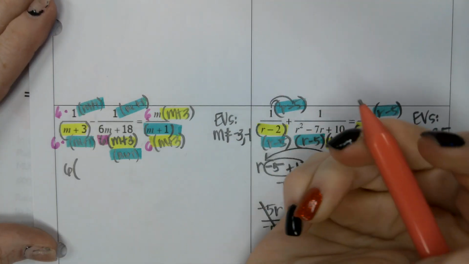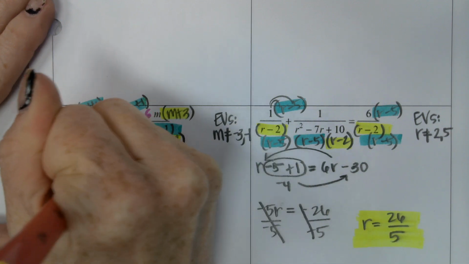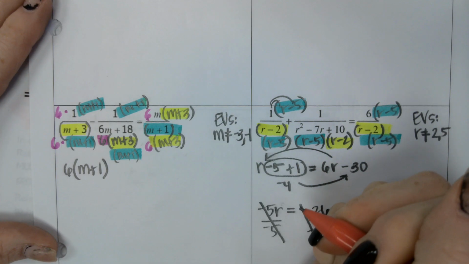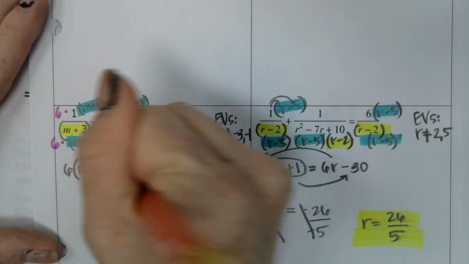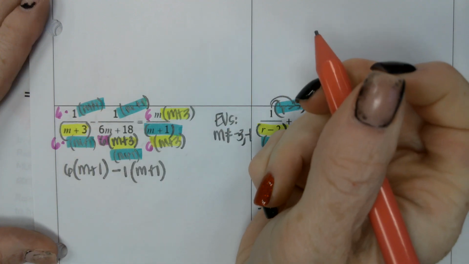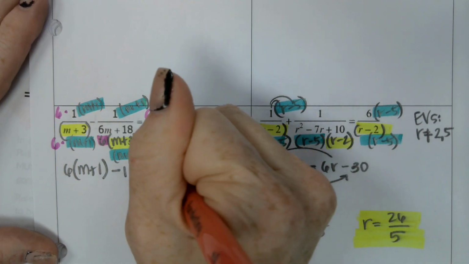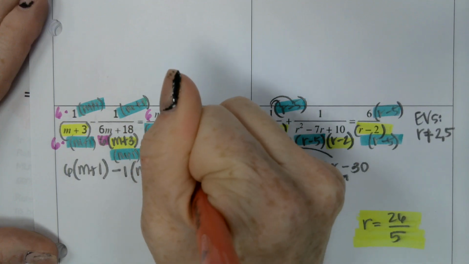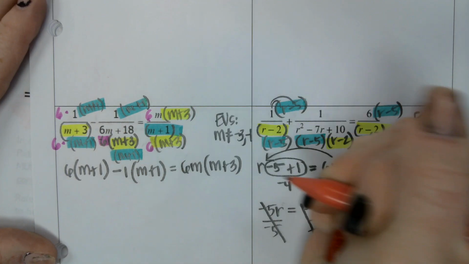I'm done with the denominators. I am going to have 6 times m plus 1 minus 1 times m plus 1. You just leave it cracked. It's okay. She's coming back. But then over here, I've got 6m times m plus 3.